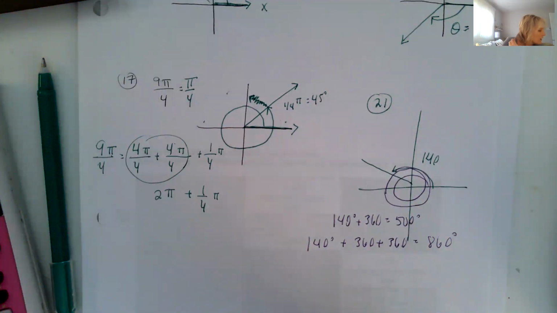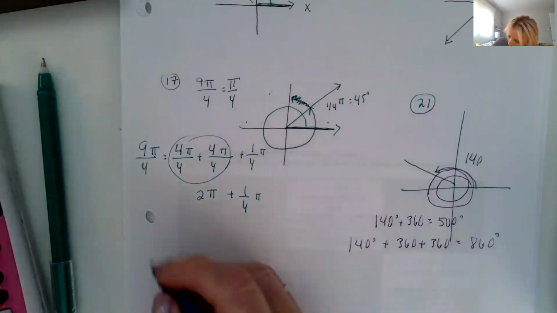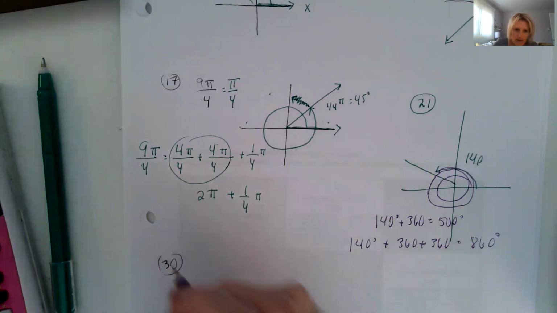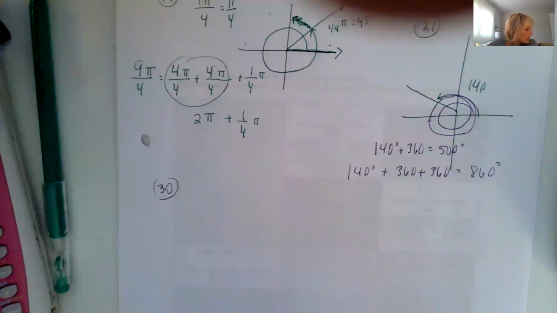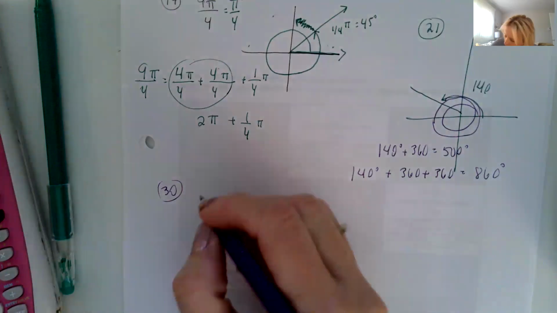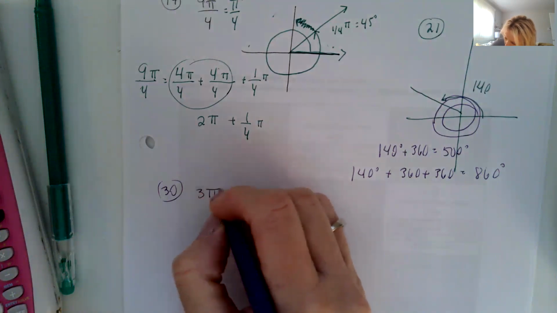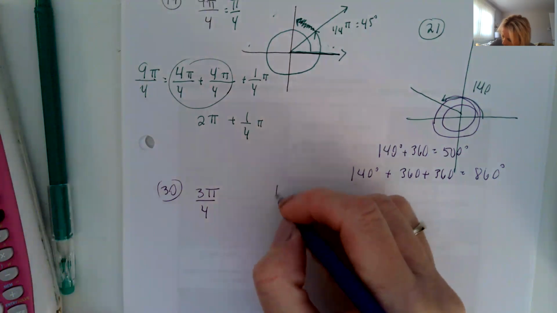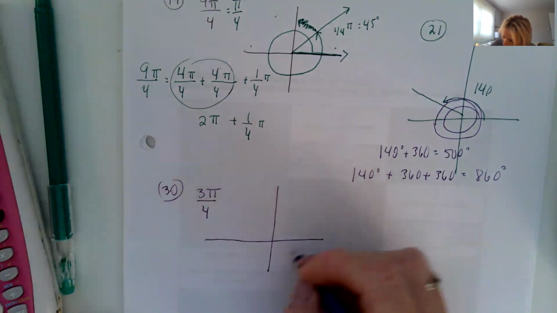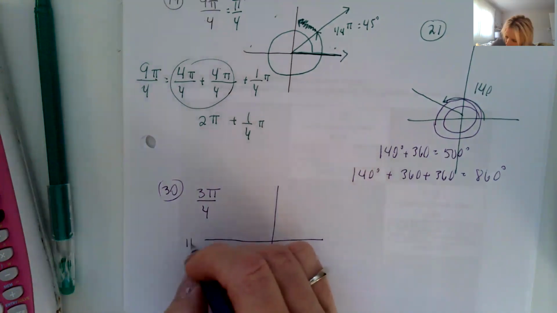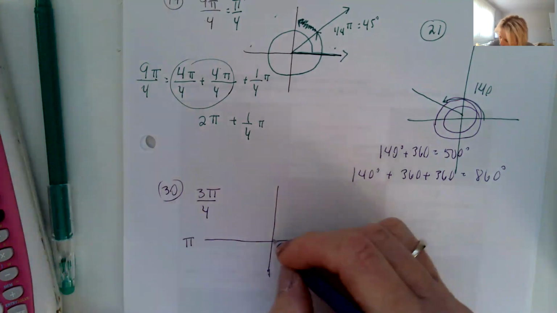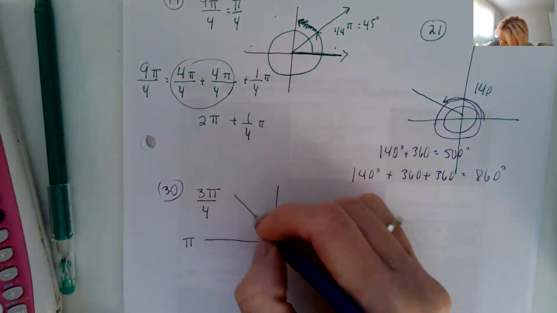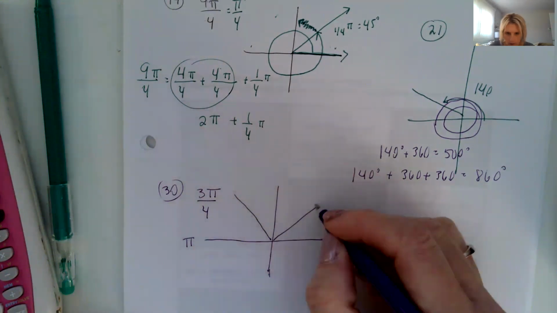Let's do one for number 30. So number 30 is asking us to find two angles that are coterminal with 3 pi over 4. So 3/4 of a pi. So we said that pi is right here. And if we broke pi into quarters, this would be 1/4 here.